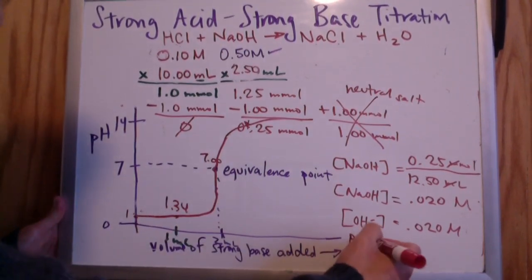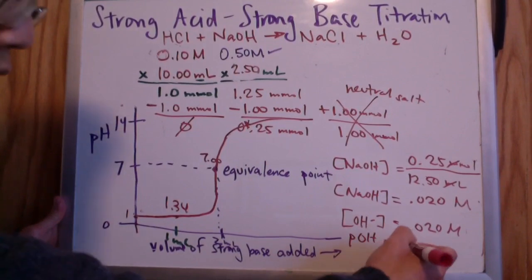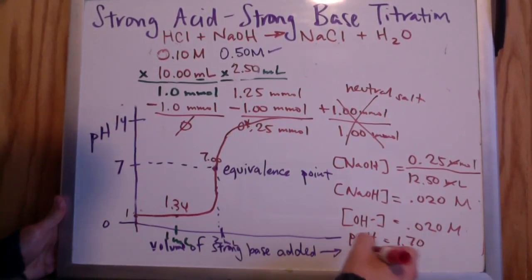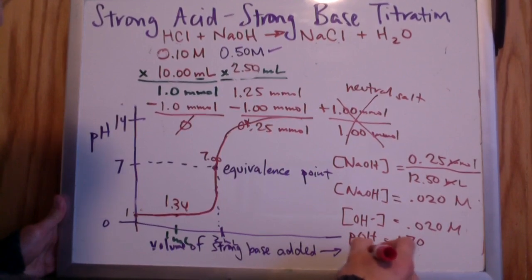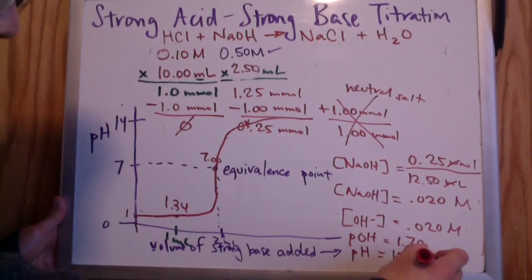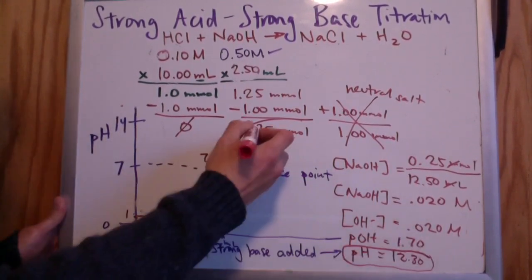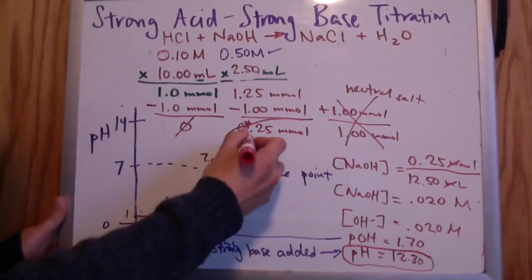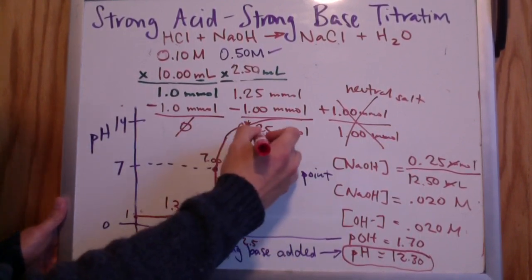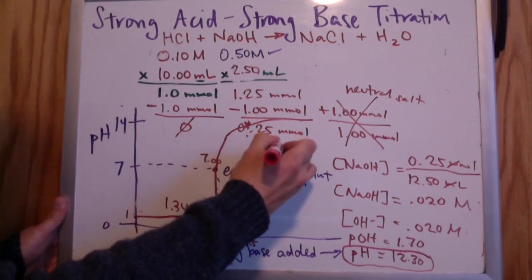The pOH is 1.70 if you're checking, because we negative log 0.020. And then the pH plus the pOH would equal 14. So this would be equal to 12.30. So at this point, where we added 2.5 milliliters, the pH would be 12.30.